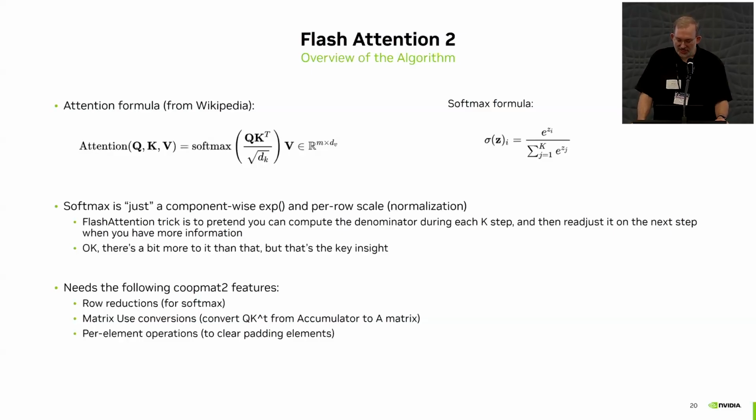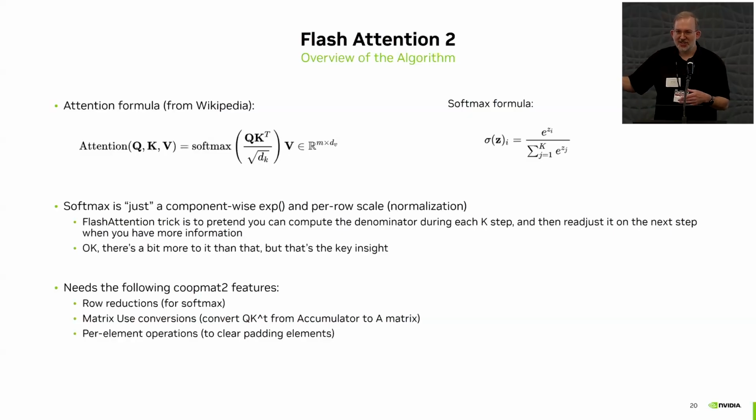Flash attention is a trick to fuse this all into one shader. And at first glance, it seems like you need to know that whole sum before you can actually compute the softmax. But the trick is to observe that it's just a scale. And so while you're iterating, you compute what you know so far and use that as the denominator.